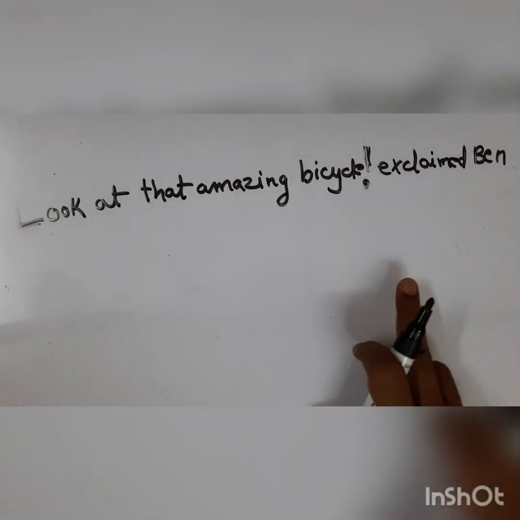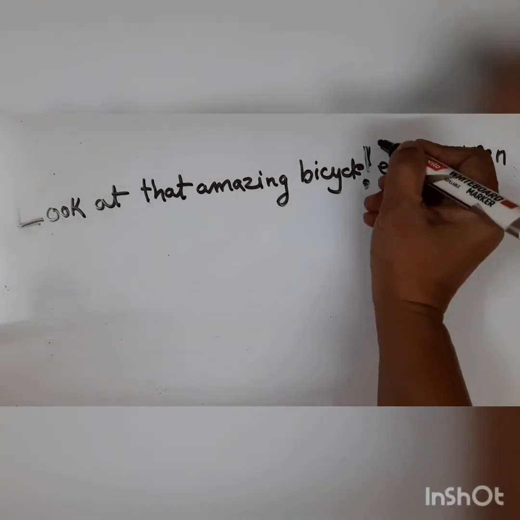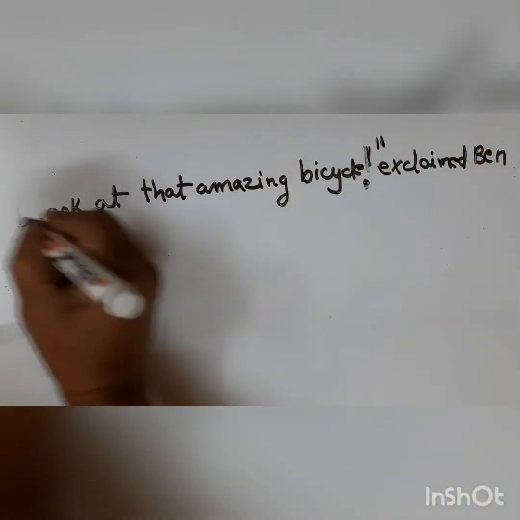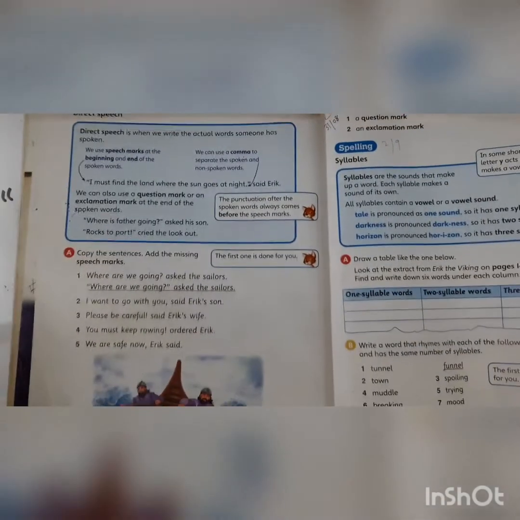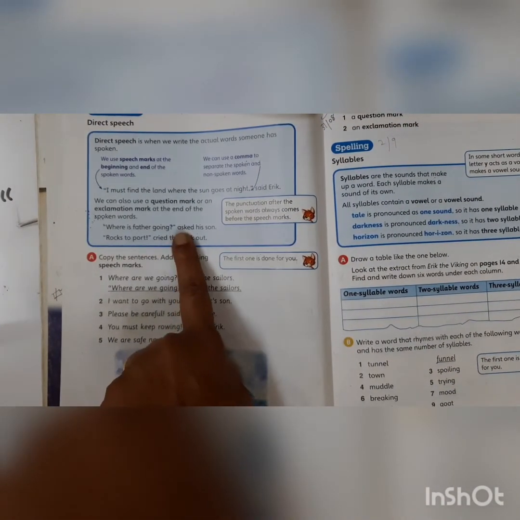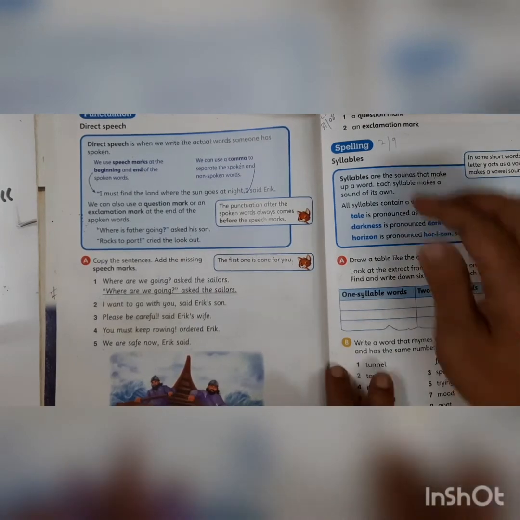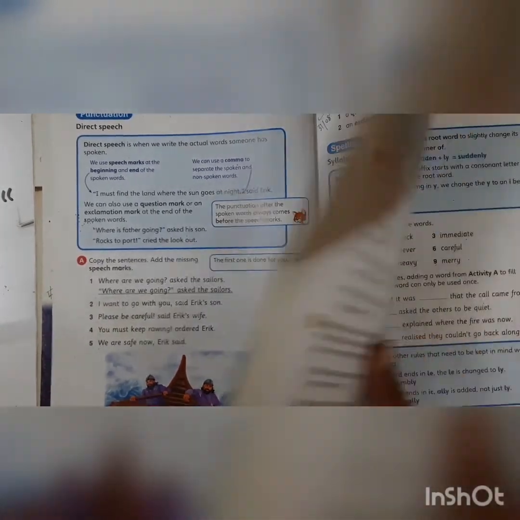Your exclamation mark is placed before the inverted comma. So, here also you will have opening and closing inverted commas. So, that's with your punctuation, your direct speech. The same explanation, children, is here. I just showed it to you so that you could recall what we have done.